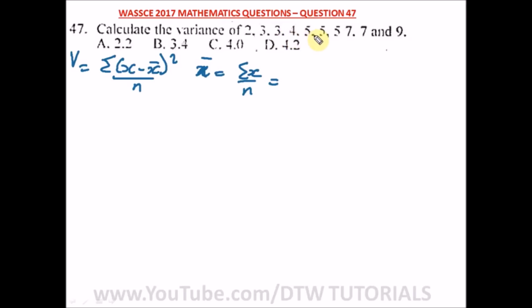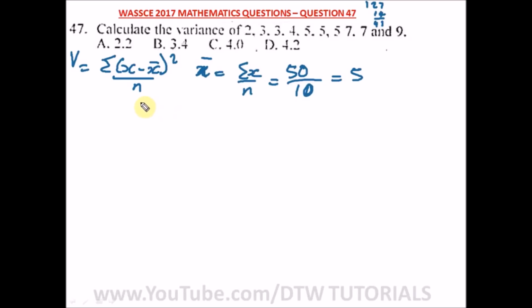You have a 12 here, 5, 5, 5, that's 15. 15 plus 12 is 27. You have a 14 here, 7. So 27 plus 14, that will give us 41, and 41 plus 9, that's 50. So you have 50 divided by n, which is 10. So our mean is equal to 5.